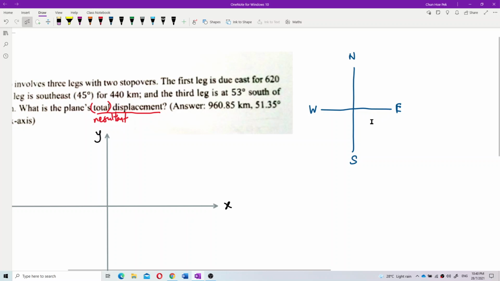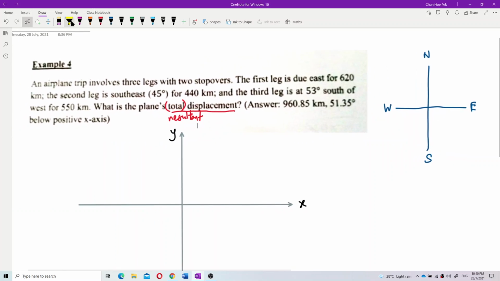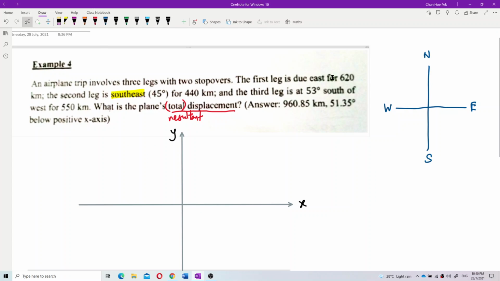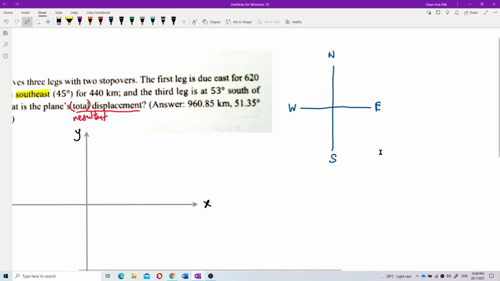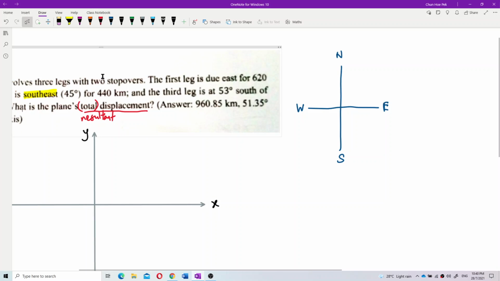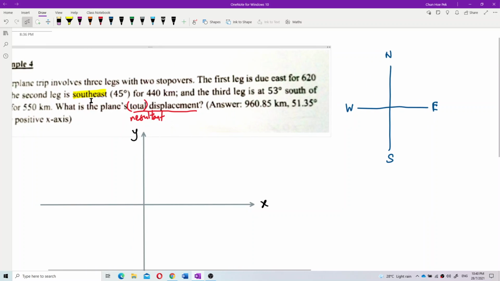I see here there is a southeast. Southeast means where? Southeast means 45 degrees, between south and east, in between. If we mention southeast, it must be 45 degrees.